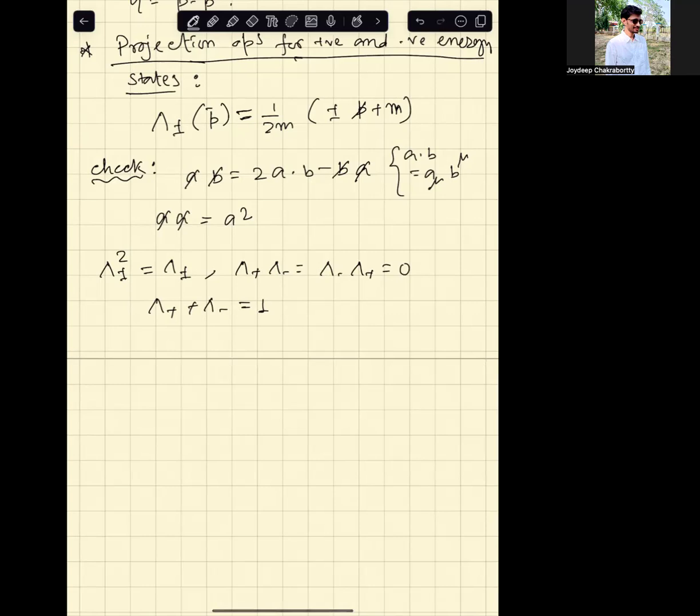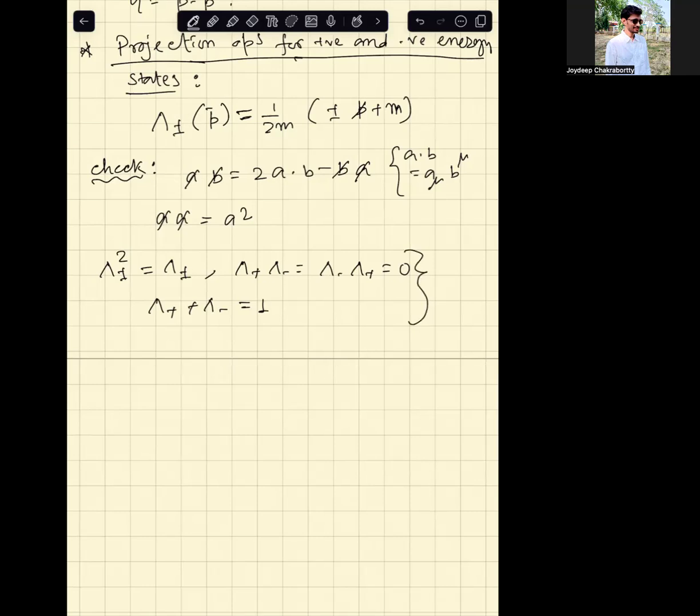If you have two different projection operators, they are independent, so their product should give 0. That's the cross check. And if you add both projection operators, you should get the identity, that means the whole vector you should regain. These are the consistent properties of projection operators that we have learned in quantum mechanics itself.